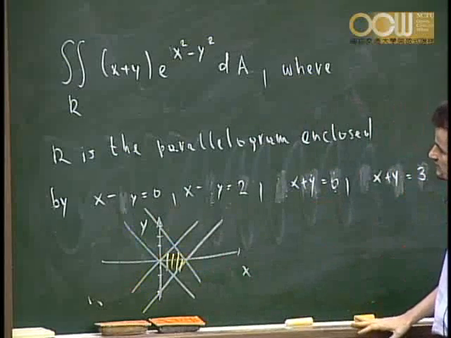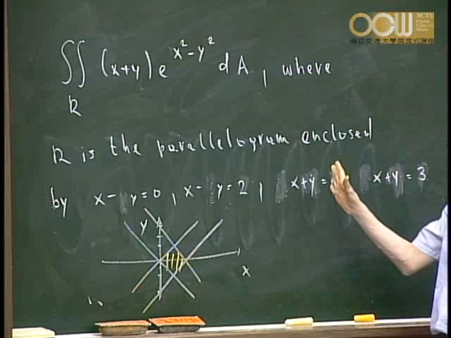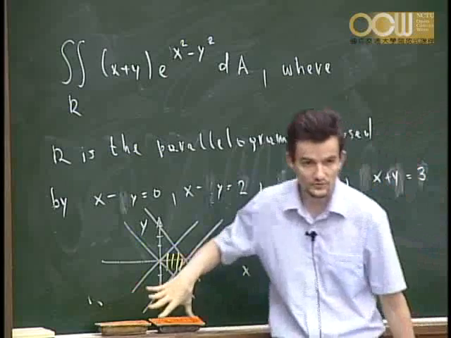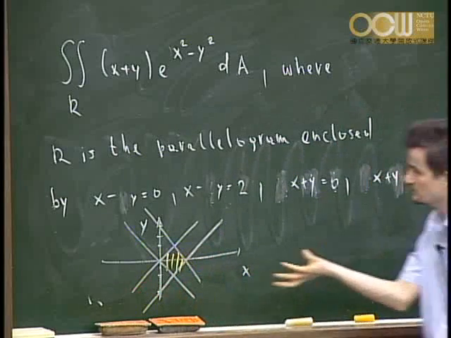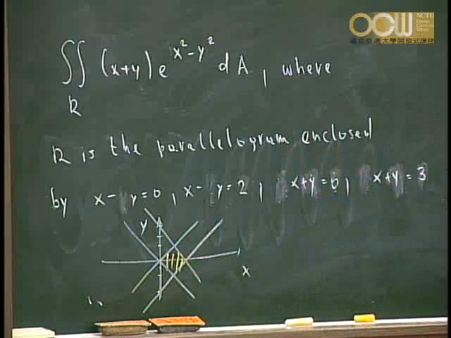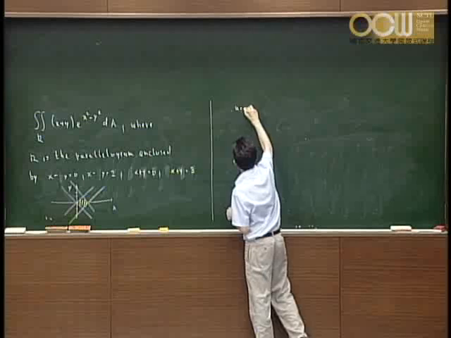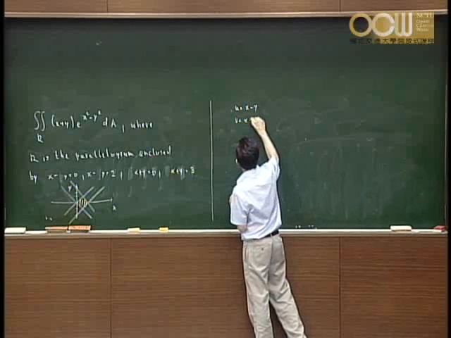Because if you do this, then in the uv plane you have a rectangle. So the rectangle gets mapped onto this parallelogram, which kind of means you just rotate it. So the substitution you will use is u is equal to x minus y and v is equal to x plus y.